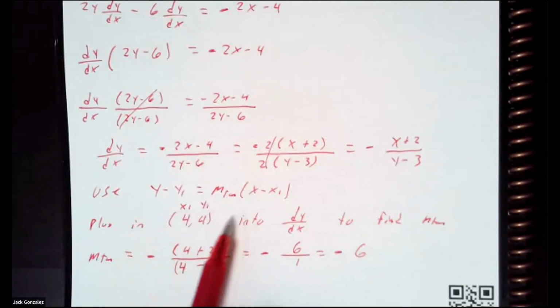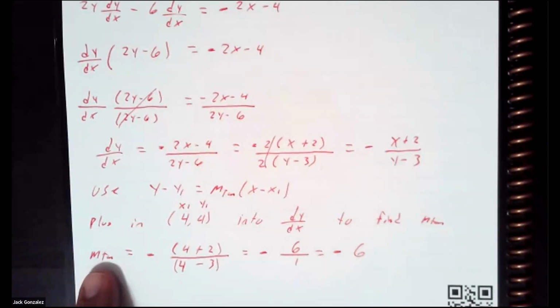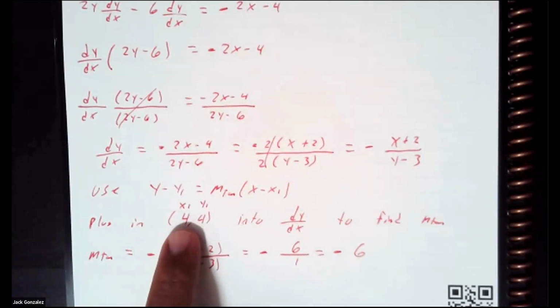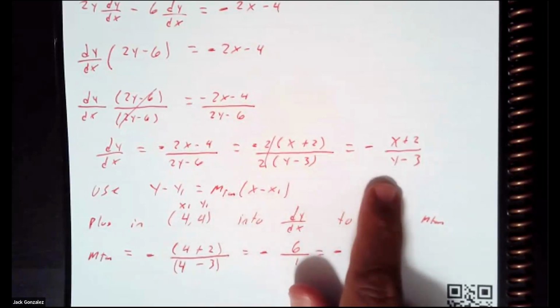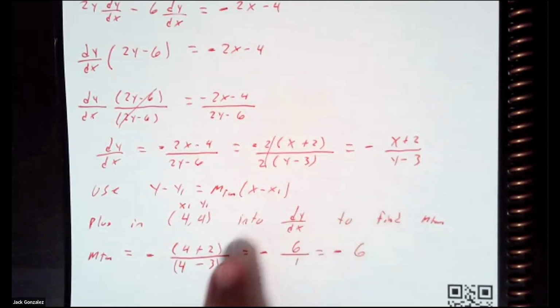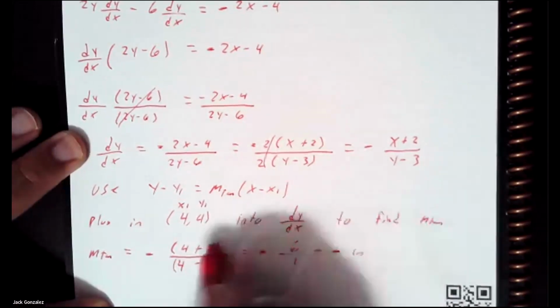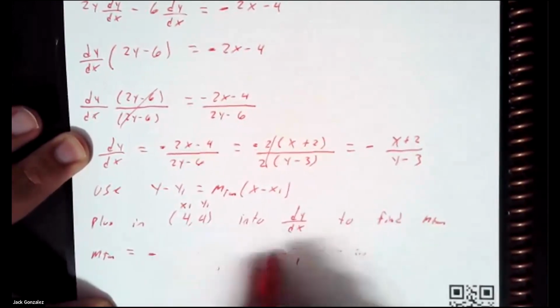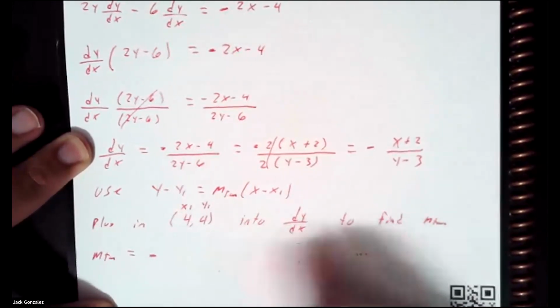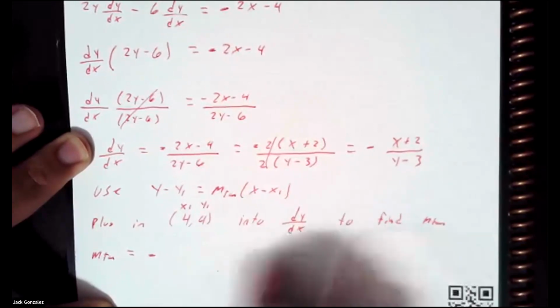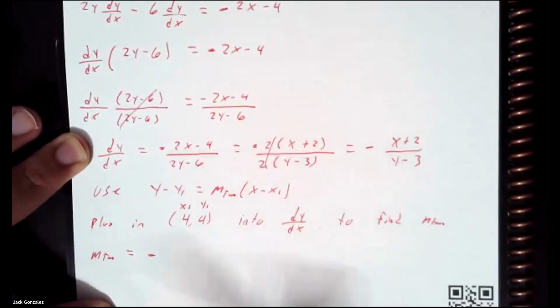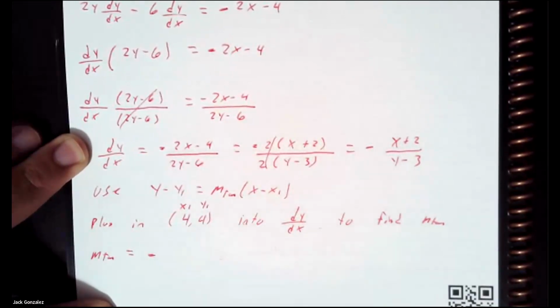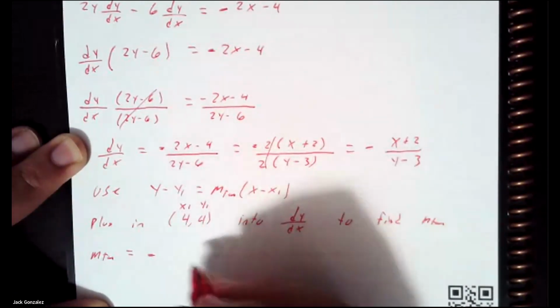To find the m tangent, the slope, plug this 4 into your derivative. Those are basically the points that they're giving you on the problem. They want the equation of the line tangent to that point on the circle. That's why we're choosing these.